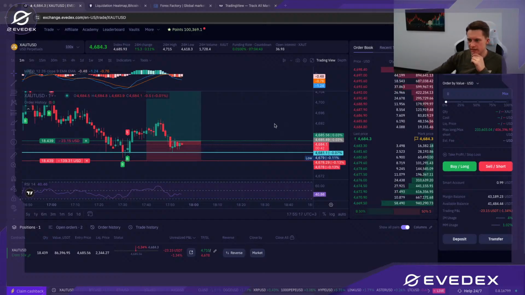It seems we might get some price accumulation maybe in this area that we're currently in before a true breakout, maybe to that support level if we have enough strength.